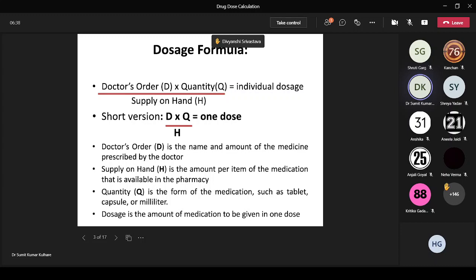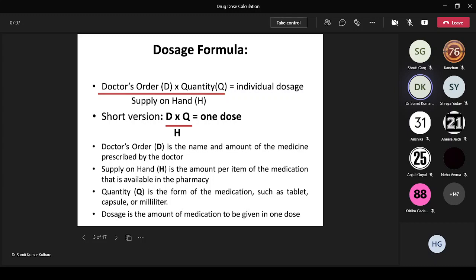Supply on hand is the amount per item of the medication that is available in the pharmacy.